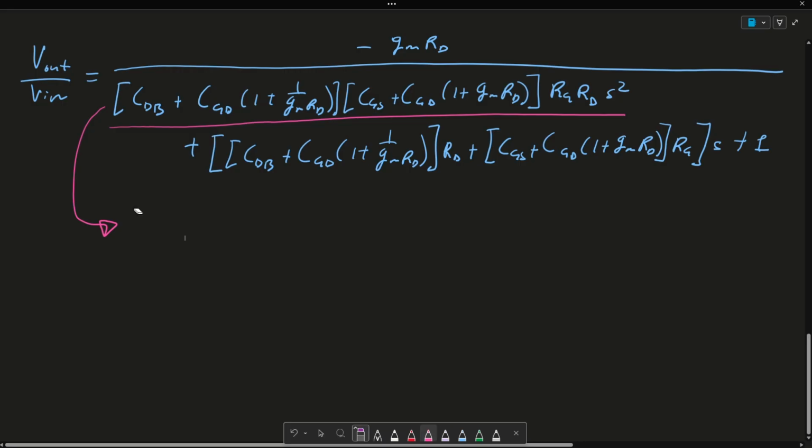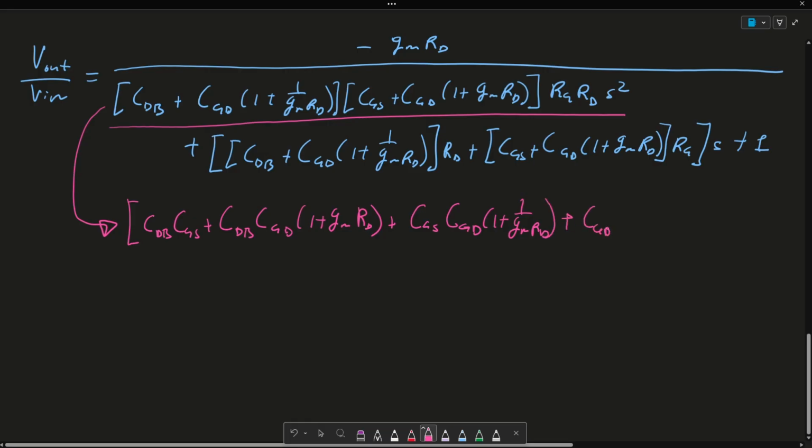So when I clean this up, what I actually get is this CDB CGS plus CDB CGD1 plus GM RD plus CGS CGD1 plus 1 over GM RD plus CGD squared times 1 plus 1 over GM RD times 1 plus GM RD.